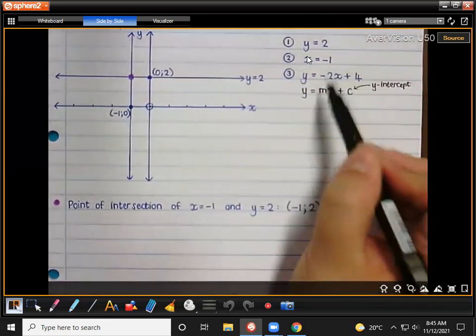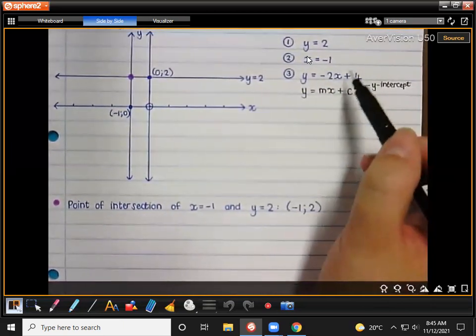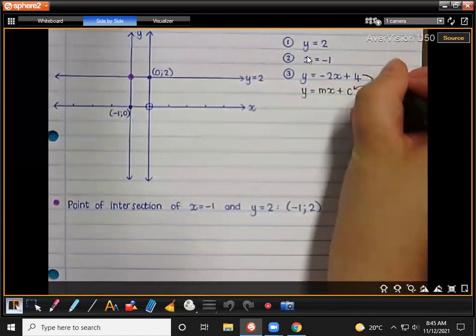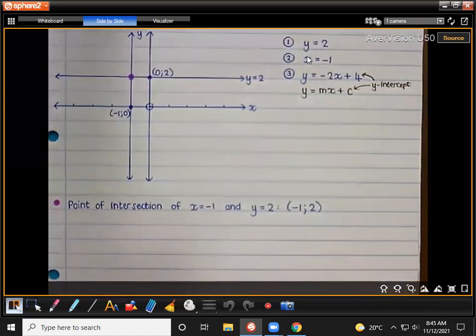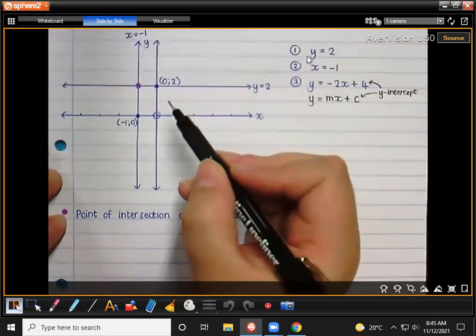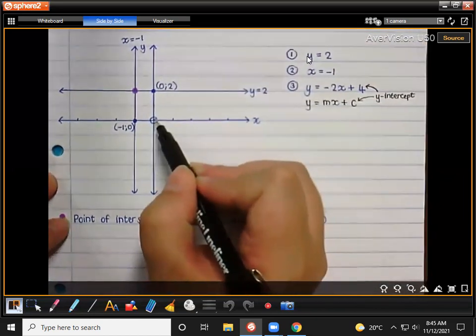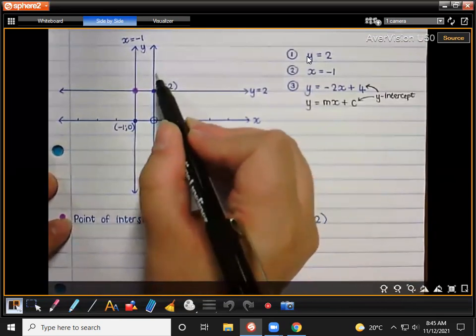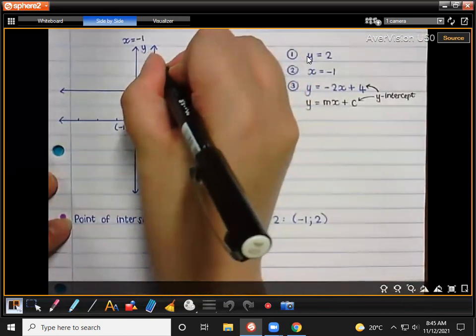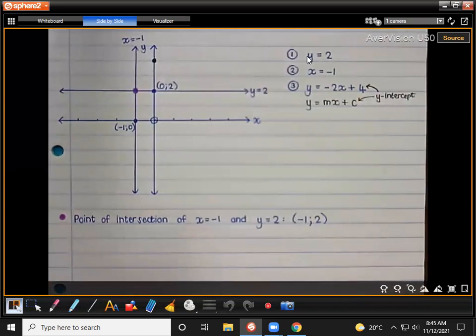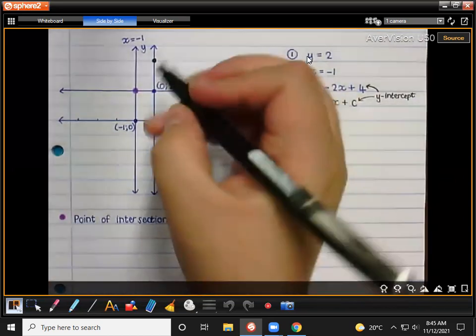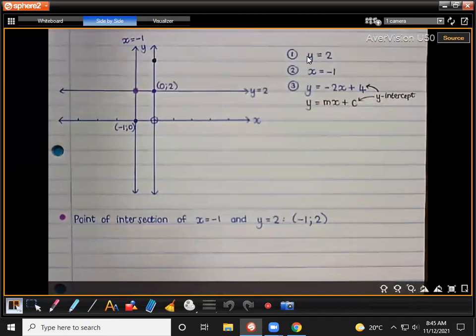So in this equation, what is my c value? 4. So 4 is the y-intercept of this line, because we're going to draw this line now. If we go to the y-axis, there's 0, 1, 2, 3, 4. Let's plot a point there. The y-intercept is 4, so it goes through the y-axis at 4.